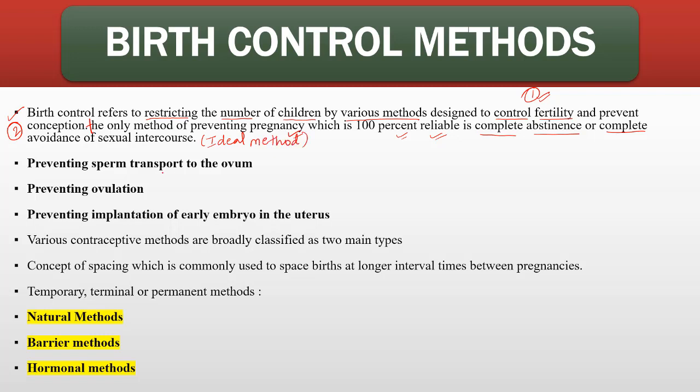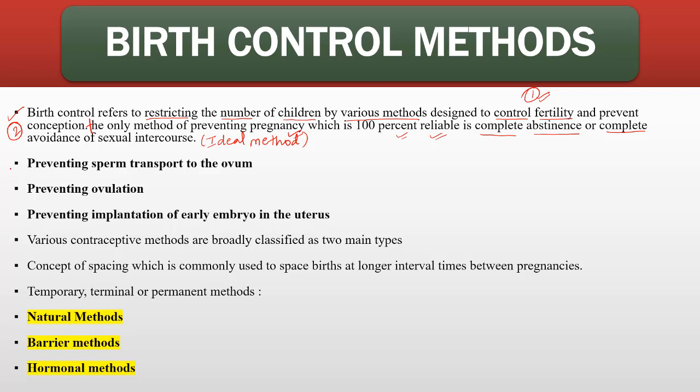So there is only one method which can prevent birth 100 percent, that is not having sexual intercourse, or complete abstinence. Abstinence basically means the period in which the male and female partners are reproductively silent, in the phase of not having sexual intercourse, right?